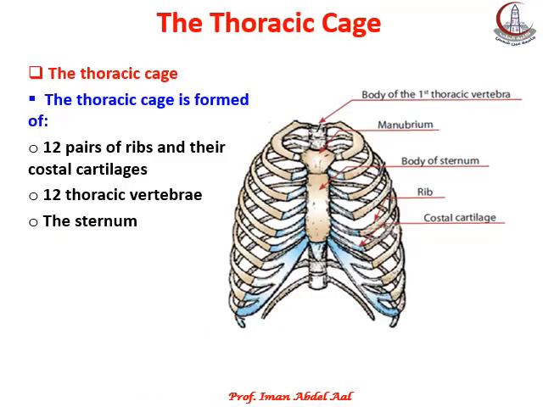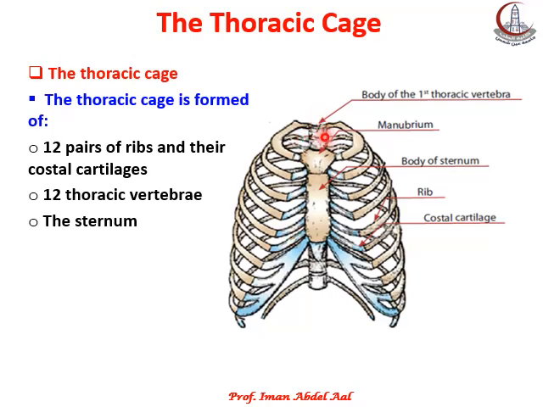Now we are going to start the thoracic cage bony framework. The thoracic cage is formed of 12 pairs of ribs. As you see, these are the ribs and their costal cartilages, because the ribs don't reach directly to the sternum.